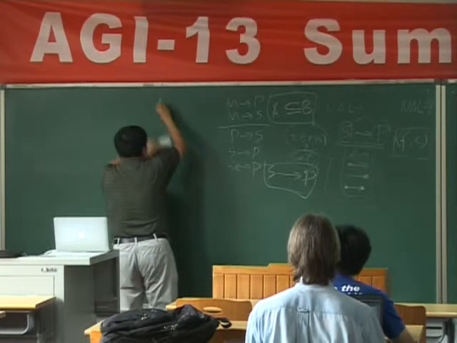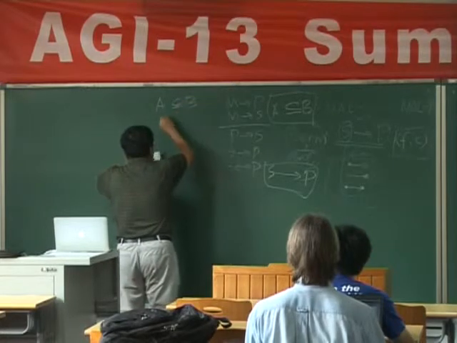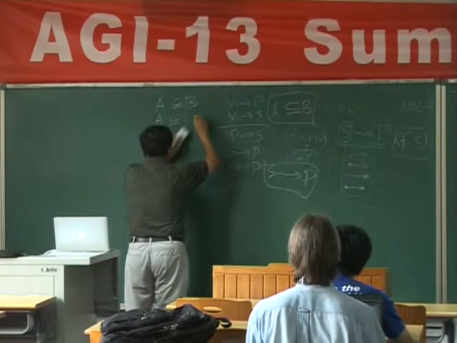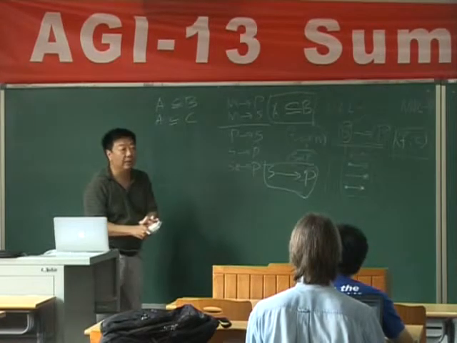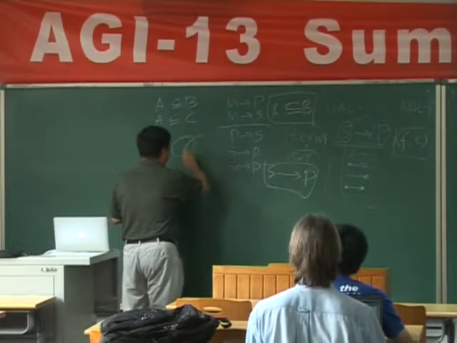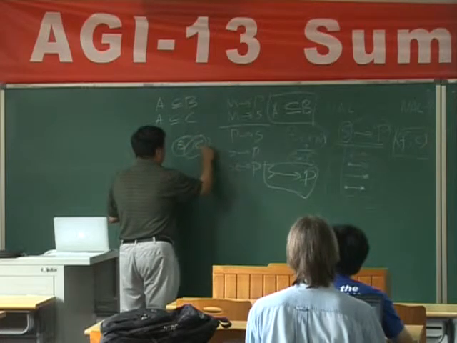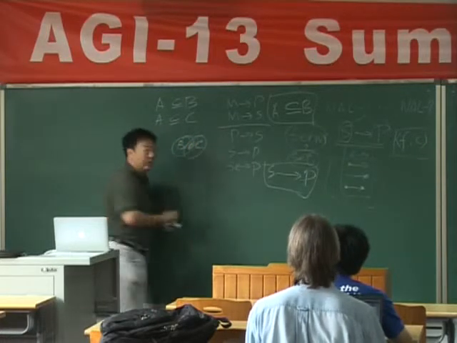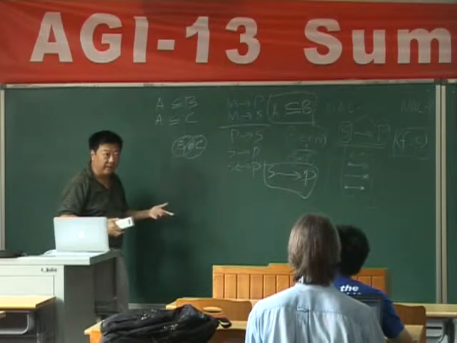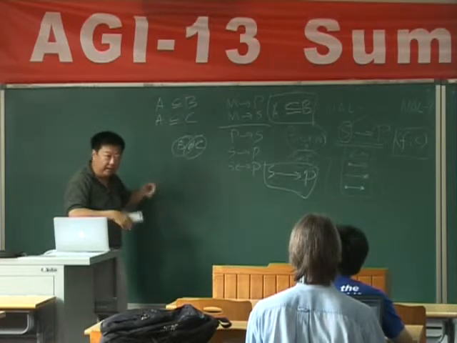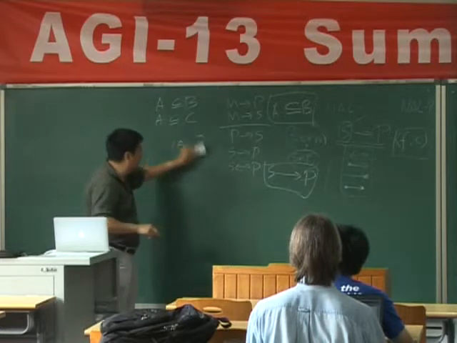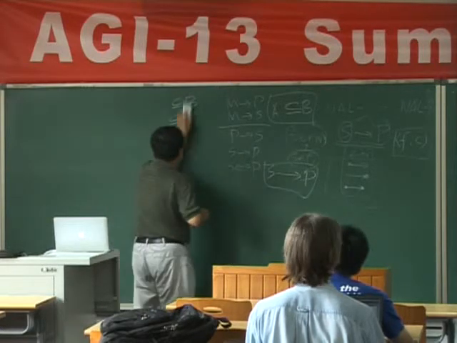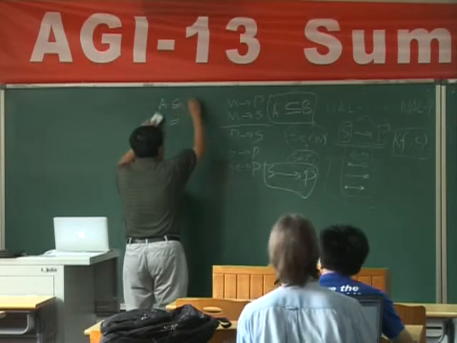If we have A in both B and C, again, let's start from the binary case, then we know B and C have something in common, right? So the picture will be something like this, and C A will be somewhere here. So it gives you some evidence to believe that in some situations, B can be used as C, which is not too bad. But the intensional situation is very different, which looks like this.